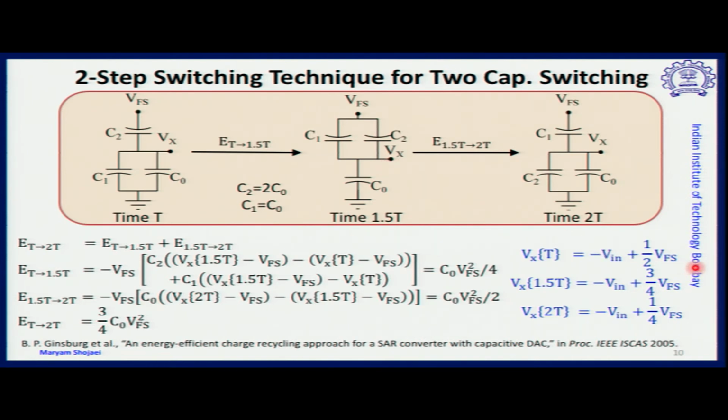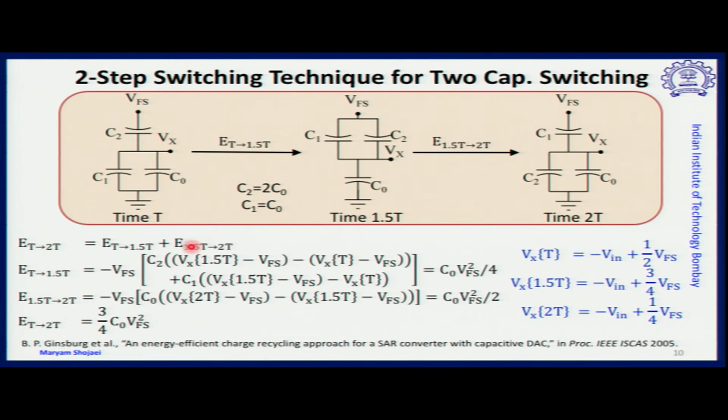Because this is for moving from 1/2 V full scale to 1/4 V full scale. But the key point here is, if we increase the value first, which naturally increases the effective reference level, which is 3/4 V full scale now, it helps us to reduce the voltage drop across C2, and therefore the further energy loss reduces.